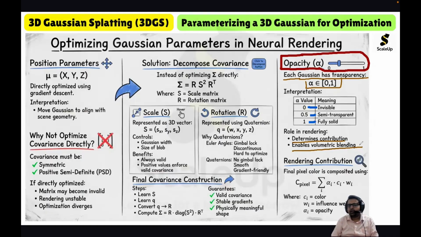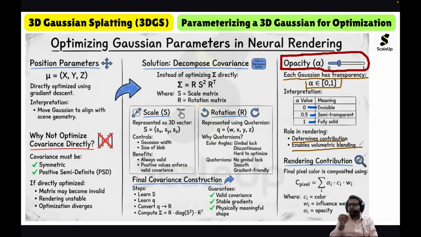We already know that there can be millions of 3D Gaussians representing a scene. These 3D Gaussians will overlap with each other, and they can be stacked, so depth will be there. This opacity is very important. It helps in blending, which we call volumetric blending.